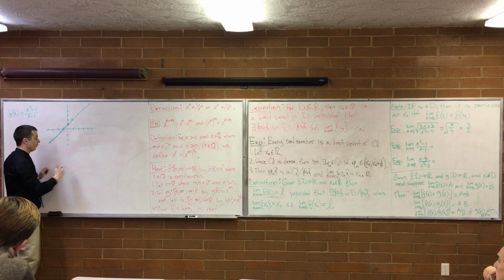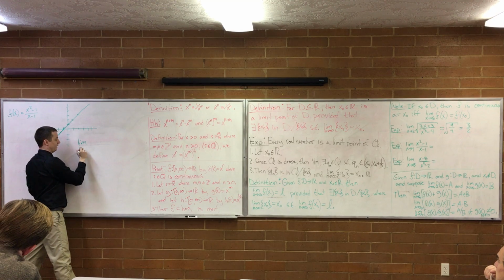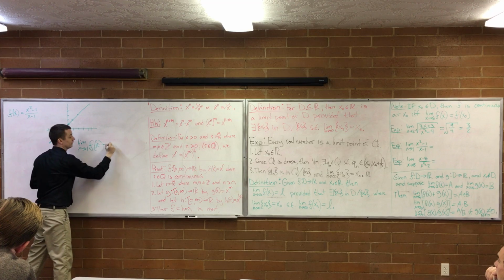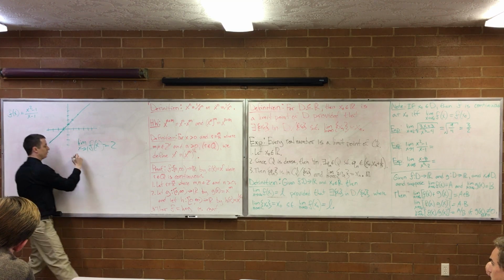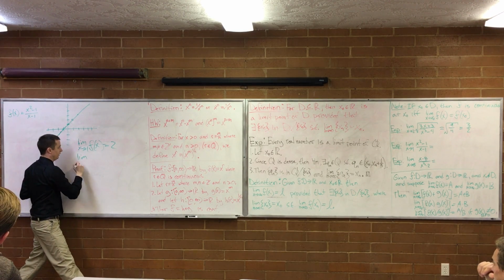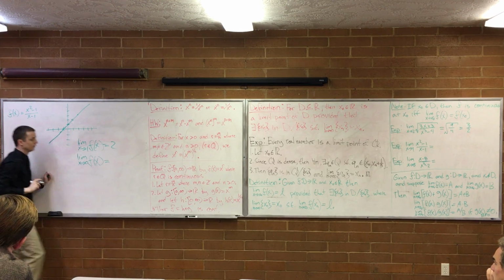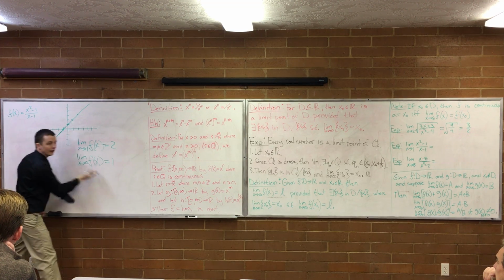So in other words, we are interested in what's the limit of f of x as x approaches 1? And we know in this case it's 2 from the picture, right? But if I were to ask what's the limit as x approaches 0 of f of x, it's just 1. It's just the value of the function.